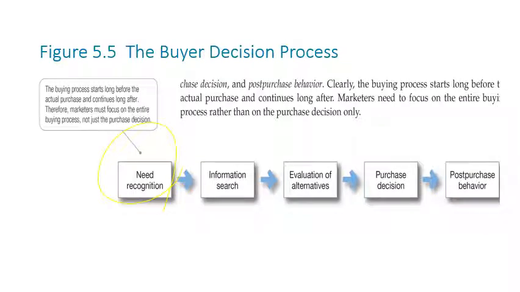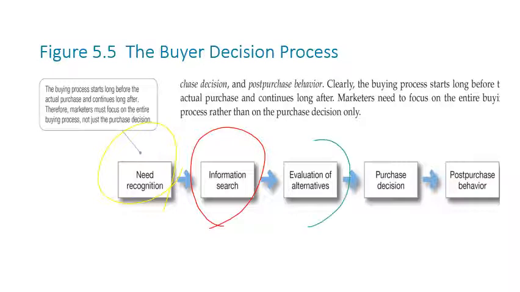The first thing you need to realize is that there is some sort of disconnect between the ideal state for the customer and the actual state. Then after that, we spend some time finding information about how we can satisfy that need that we have just noticed.